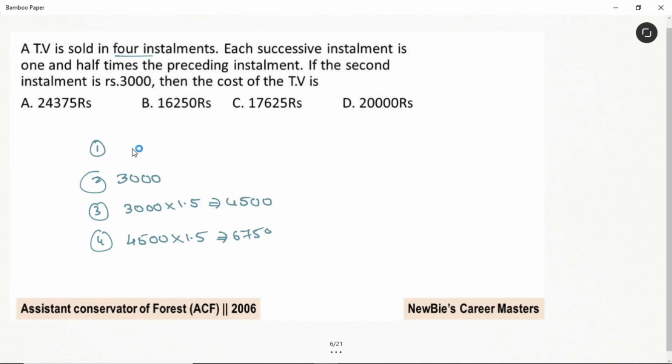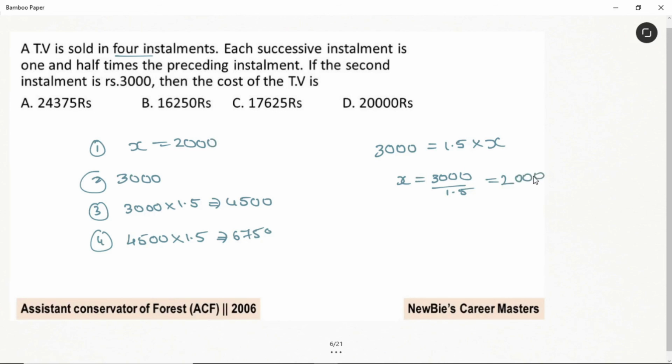Now we'll come to the first installment. I'll take this as X. Second installment, that is 3,000, is 1.5 times the first installment. Am I clear? Then what is the X value? X is 3,000 divided by 1.5, which is 2,000.